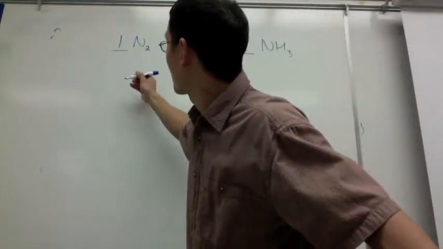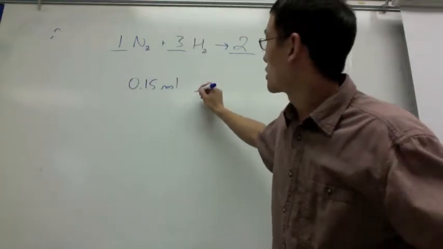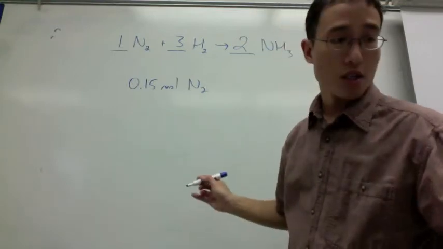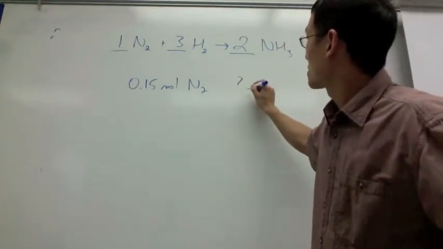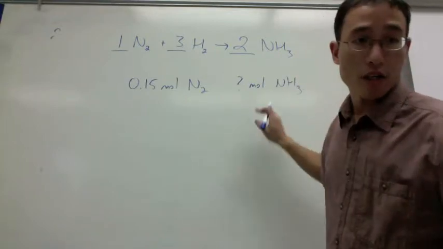So my given is 0.15 moles of nitrogen, N2, and I have a question mark, moles of NH3, that I want to make.